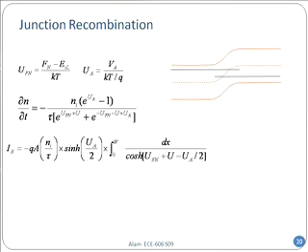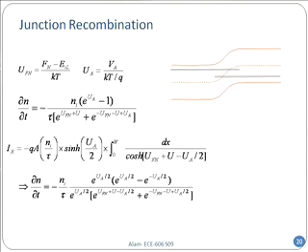Now the applied voltage is a constant. It doesn't depend on position, so I should be able to pull it out of the integral. That's what I have done. And the only place where the x dependence remains is in u, right? u is the new v here, the normalized v. And then if I want to integrate this out, I have just written that.